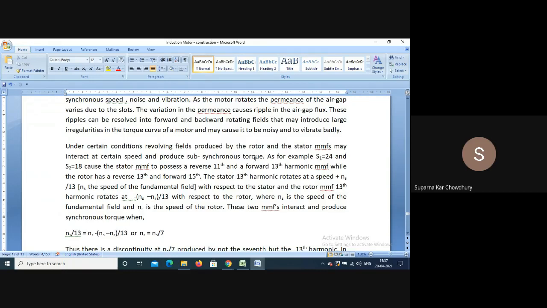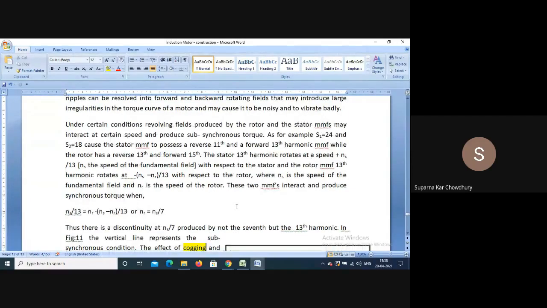So both the stator and rotor are producing the 13th harmonic. The stator 13th harmonic rotates at a speed plus ns by 13 with respect to the stator, and the rotor 13th harmonic rotates at a speed minus (ns minus nr) by 13 with respect to the rotor. Ns minus nr, because rotor frequency is proportional to ns minus nr, with a minus sign because of the opposite direction, divided by 30. Here ns is the speed of the fundamental, and nr is the speed of the rotor.